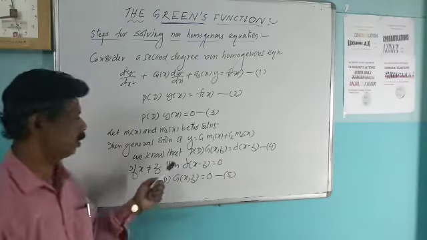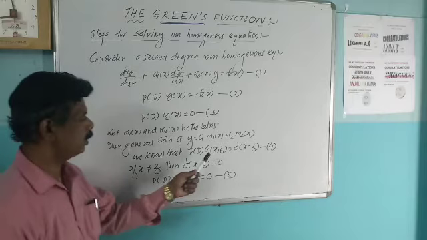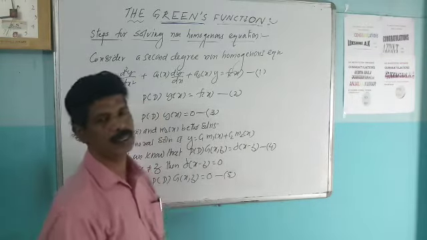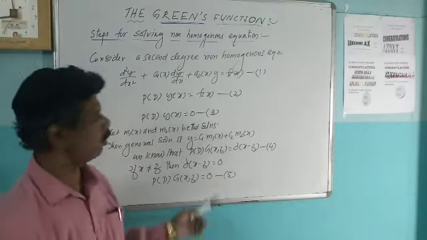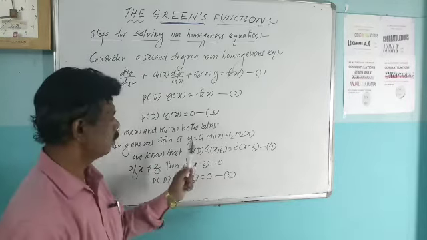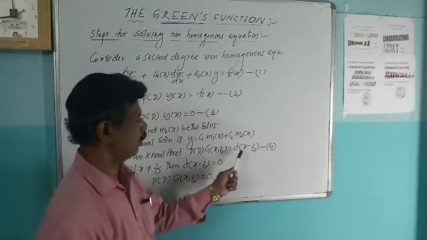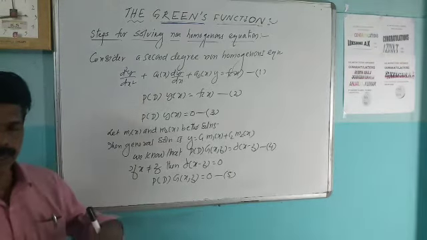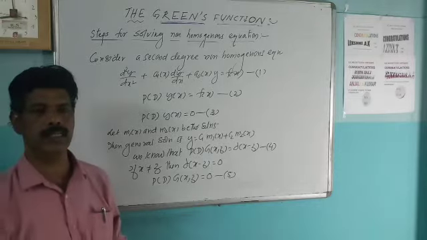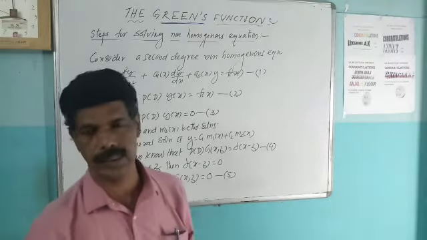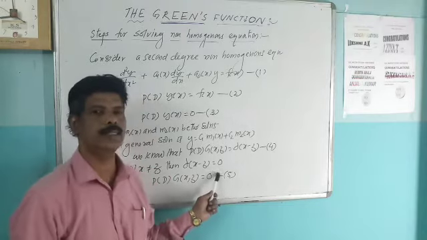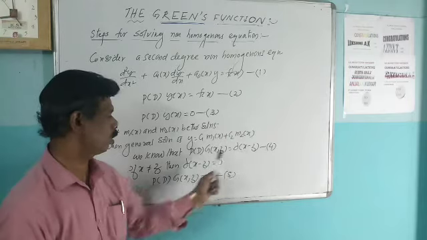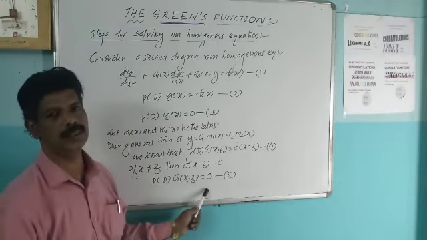By the definition of a Green's function, PD of g(x) is equal to the Dirac delta function delta of x minus z. I already explained this in my first video. By the property of the Dirac delta function, if x not equal to z, then delta of x minus z equals 0. If it is 0, it means PD of g(x, z) equals 0.